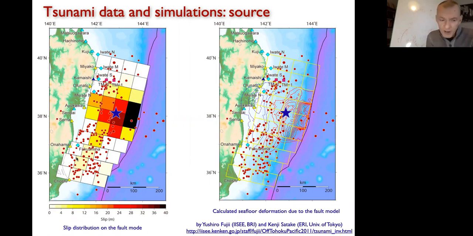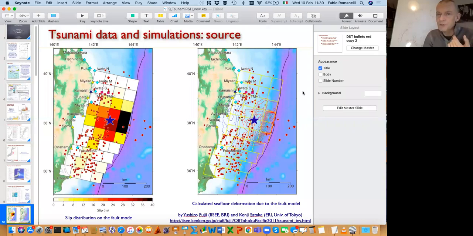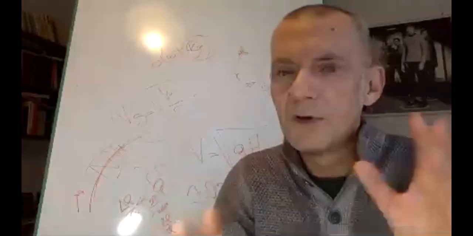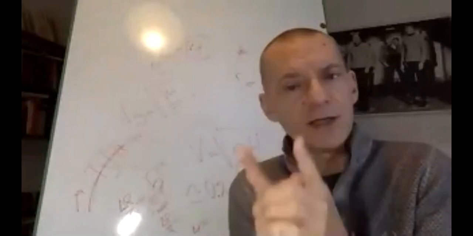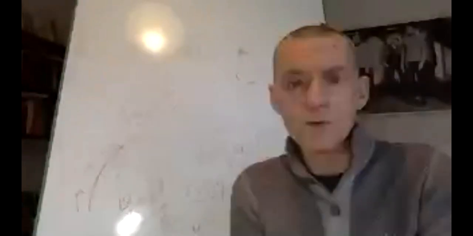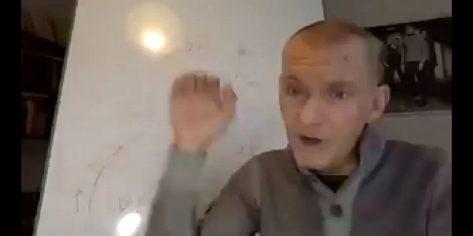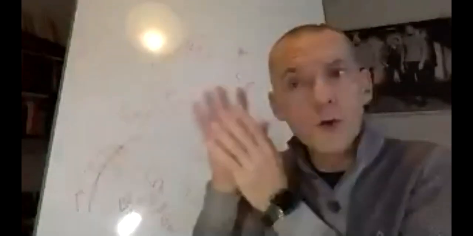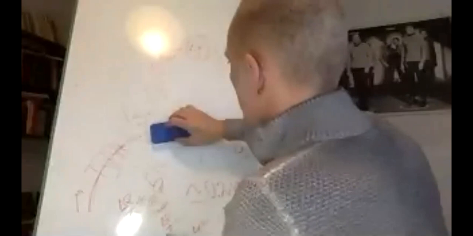And please do remember, and I'm sorry to stop sharing again, but I want to have an interaction with you, that the source spectrum is supposed to be flat when you go to zero frequency.